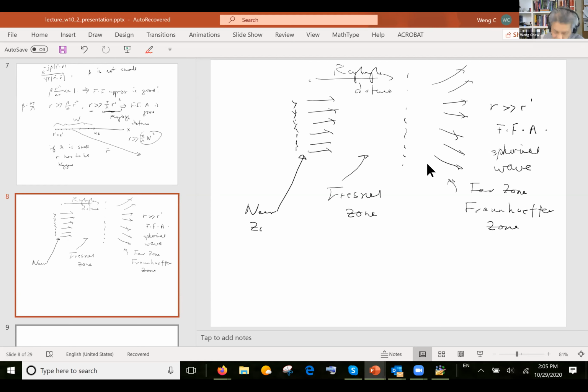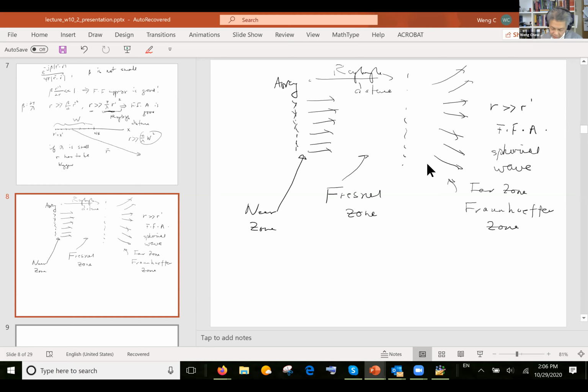So roughly when you have a set of sources, you have an array antenna, then the radiation field zone is divided into the near zone. In the near zone, you essentially have near field physics. You have quasi-static physics where static electromagnetic theory holds true. And then you have the Fresnel zone, the midway point between the far zone and the near zone. So roughly these are the three zones.